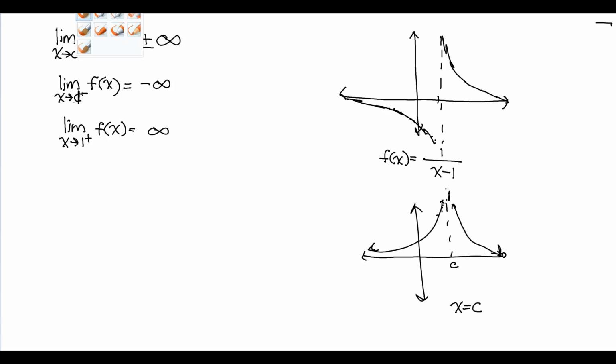So let's find all the vertical asymptotes of f of x equals (x squared plus 1) times x squared over x squared minus 1. You can't really factor the top one. However, you can factor the bottom: x plus 1, x minus 1.